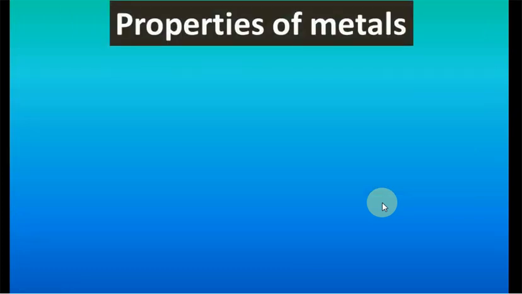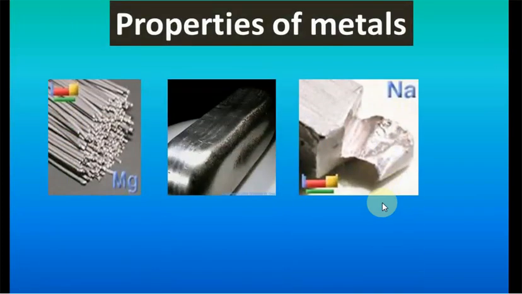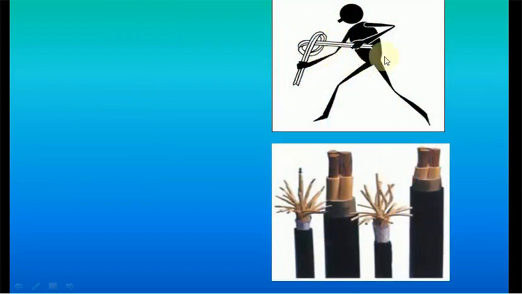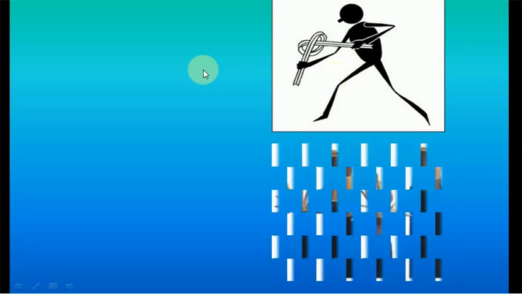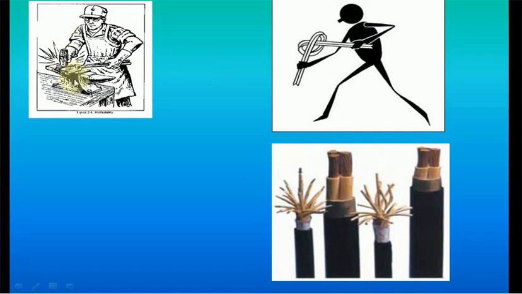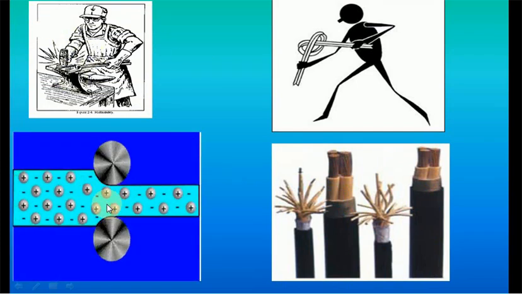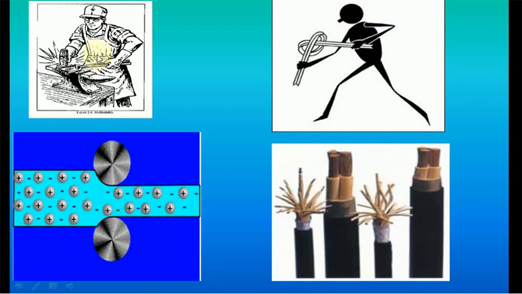Properties of metals, we have studied this. They are malleable and ductile. They have a shiny appearance and so on. I can make wires. I can hammer them like this, and this is the process of hammering of metals.